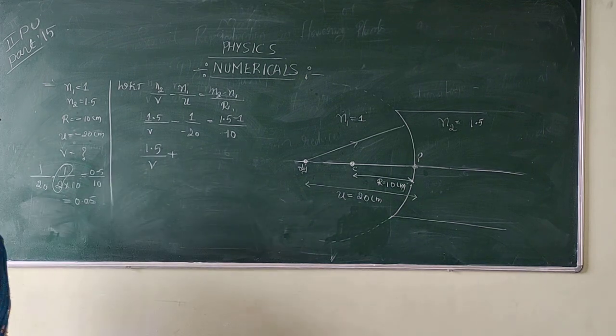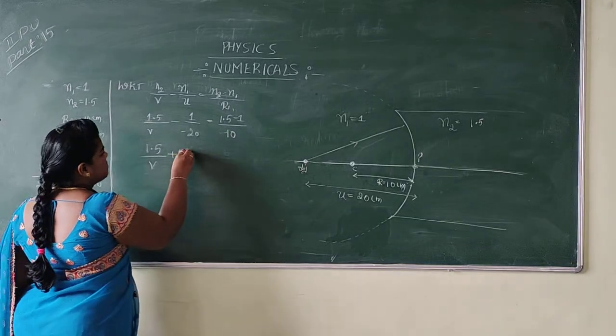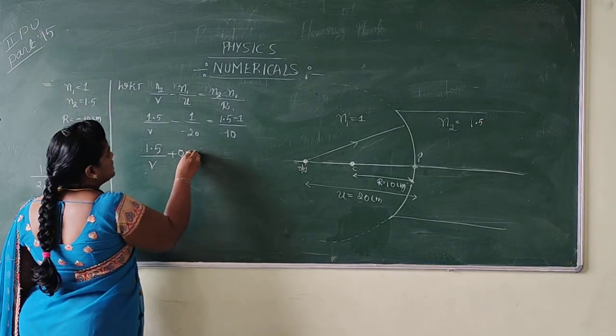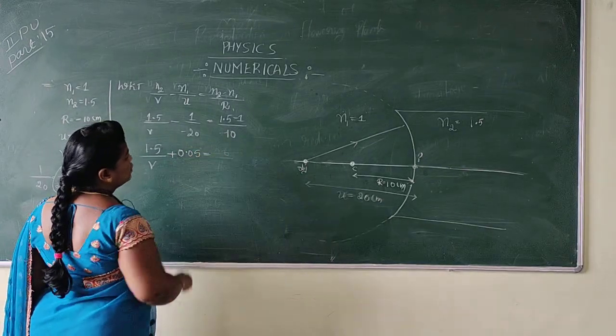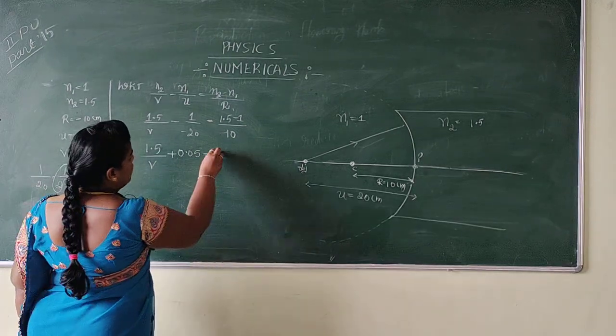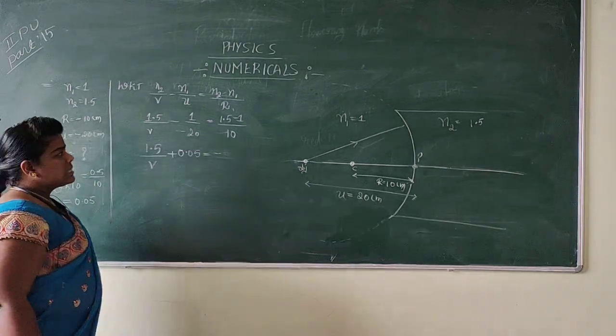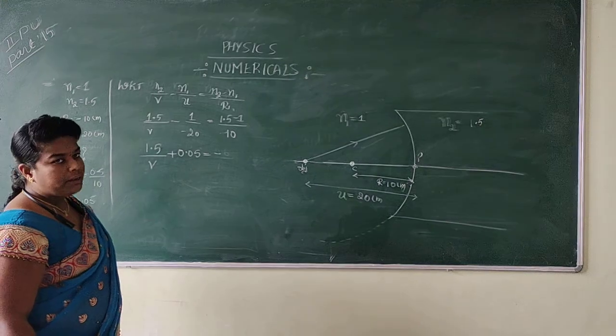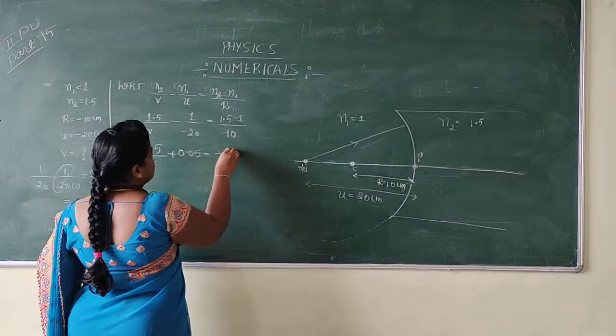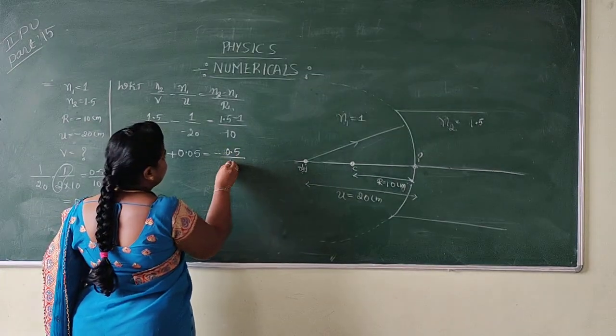Otherwise, use a calculator and write directly. It becomes 0.05 is equal to, here there is a minus, so I represent it that way. See, 1.5 minus 1 is 0.5, divided by 10.